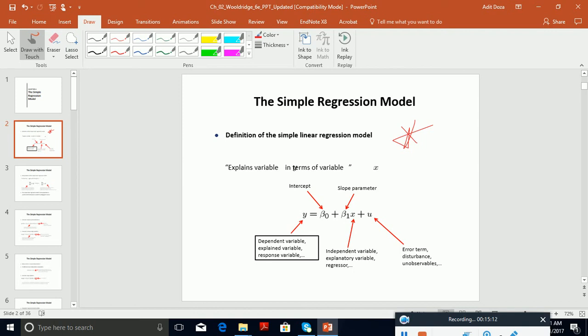But if I say give a general notation, then you just write y equals beta naught plus beta 1 x plus u, and you mention that y is the dependent variable, x is the independent variable and u is the error term or the disturbance. So the general notation is error term, disturbance, or unobservable.